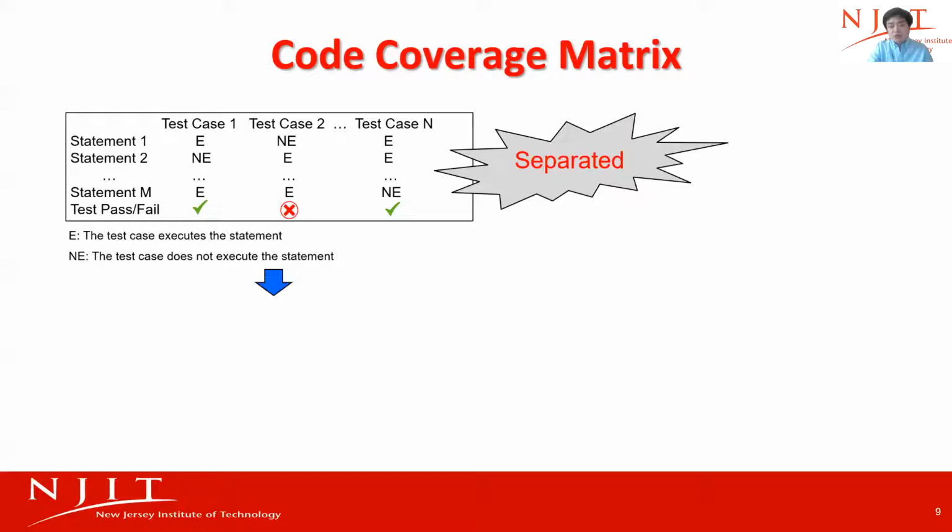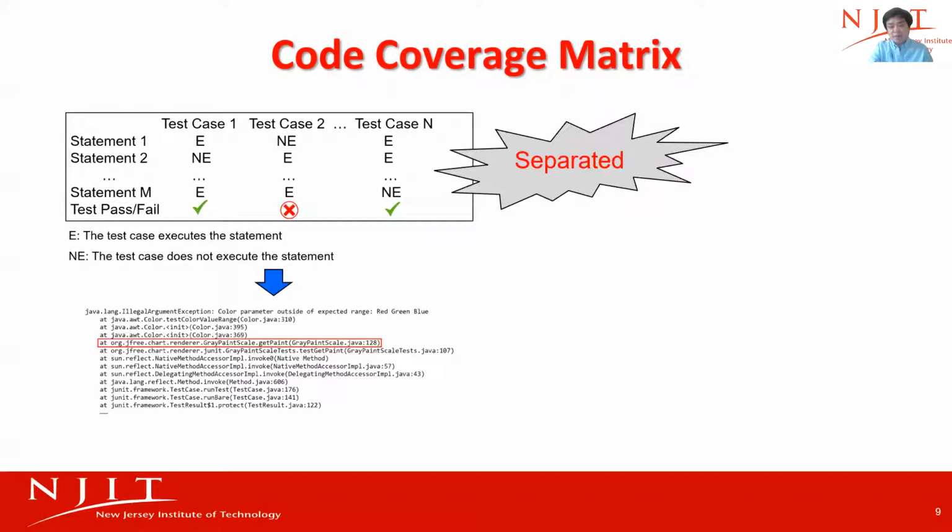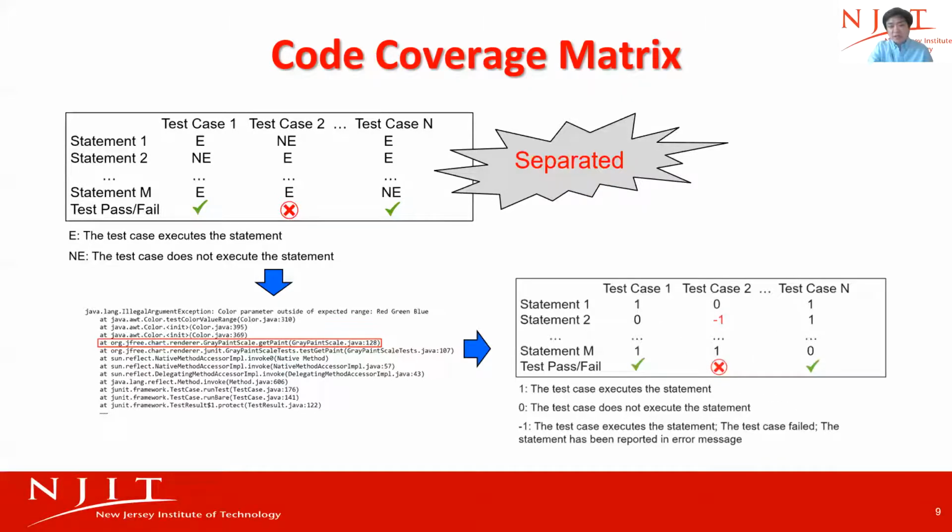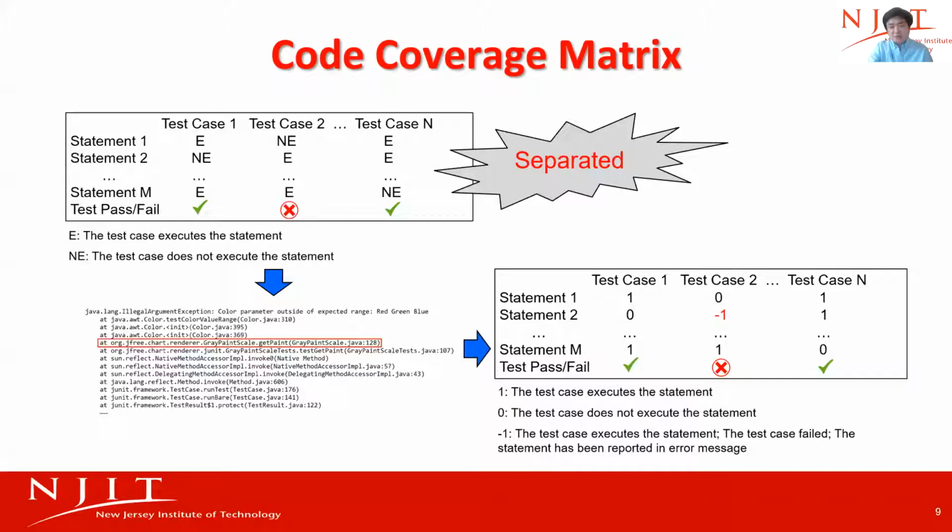To put this information together, we collect the error messages from the failed test cases, go through the whole error message, and find which statement in which test cases failed. Then we directly replace that entry with -1, as shown in the red part. In this case, we can use a matrix containing 1, 0, and -1, including both the statement coverage information and the test fail or pass information.